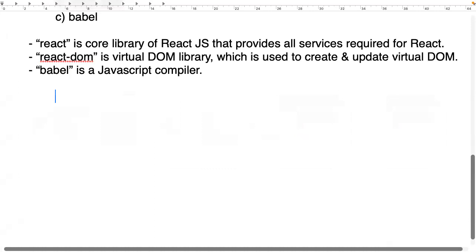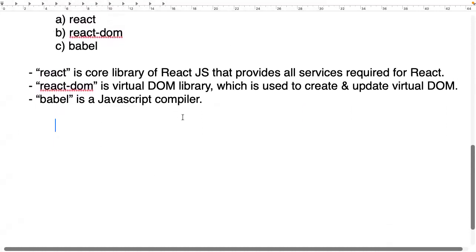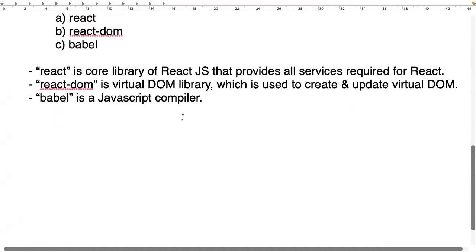Now the question is how you will get these libraries. Generally, you are developing a project. In a project, you want a library. How can you get it? There are two ways. You can use CDN or you can download and install them.